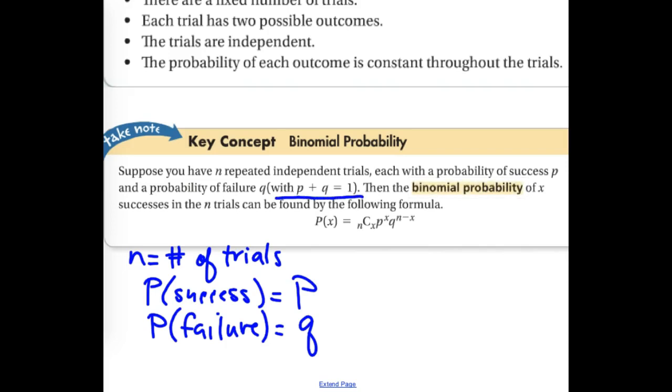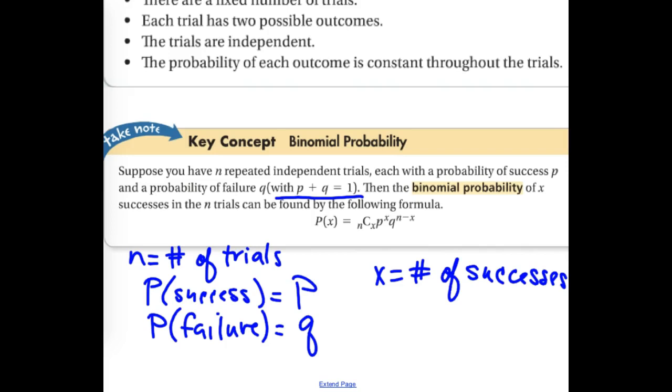All right, so if we have that as our definition, it says the binomial probability of X successes, where X is defined as the number of successes. Our formula says P of X, so let's say the probability of 5 successes, equals nCx.